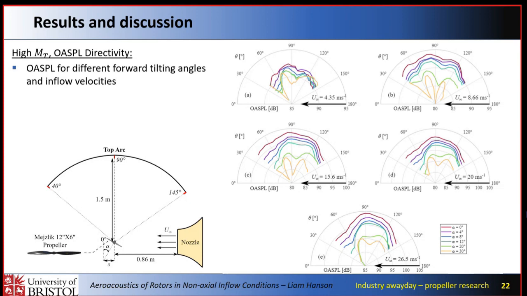But as you increase the velocity up to 26.5 meters per second, higher mu, you start to see real notable differences in the overall sound pressure levels. It's substantially louder for these shallower angles. You can see that clustering from 0 to 12 degrees, where noise differences are quite minimal, and then a big drop down to 20, 30 degrees. So we're seeing quite clear differences just from forward tilting.